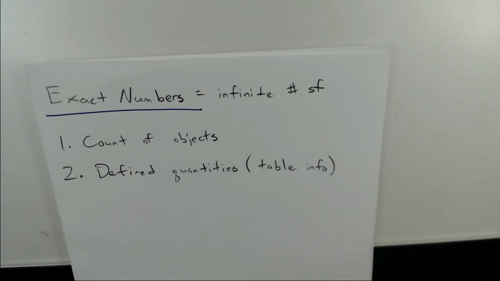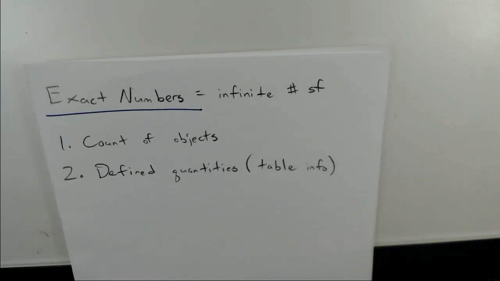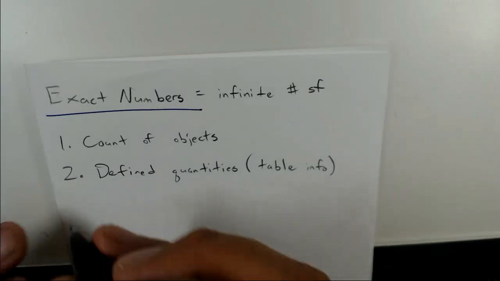These are considered to be defined quantities and exact numbers. What we're building up to here is that we're going to be doing calculations with numbers, and you have to consider how many sig figs are in each number when you do your calculations. If you have calculations that include one of these kinds of things, then they're not going to limit the number of sig figs in your answer because they're defined values.